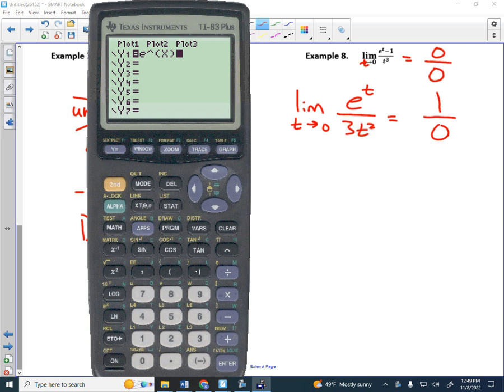So e is going to be second natural log or second divided sign. Either way, you'll produce e. And I'm going to divide that by, and I have to put parentheses in the denominator so it doesn't just divide by 3. I want to divide it by 3x squared. Everybody okay? Okay, I'm going to zoom 6.